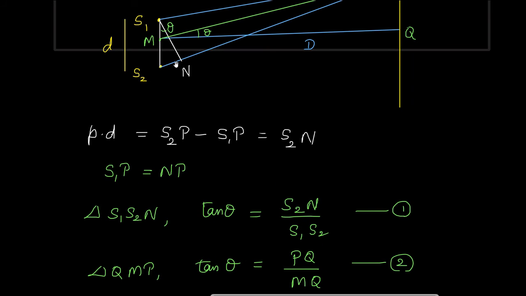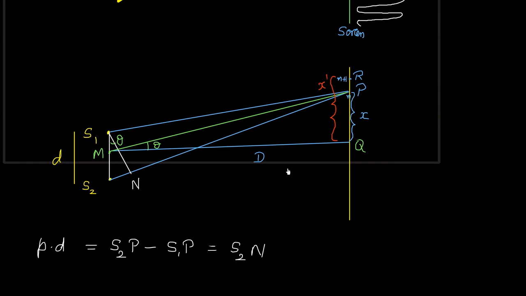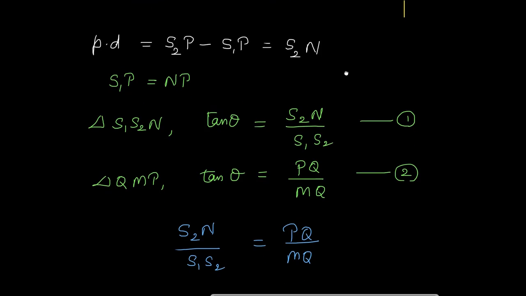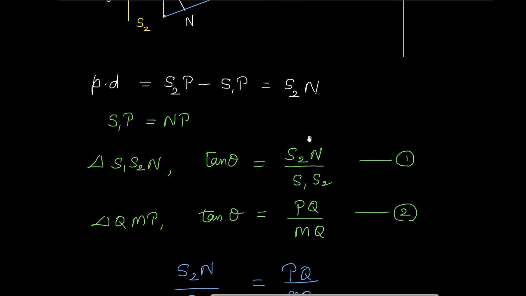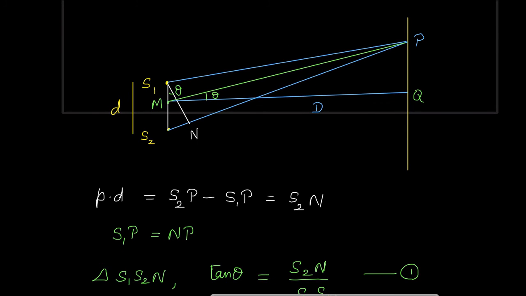That is the path difference between the waves from S1 and S2 to P. S1S2 is small d. PQ is the distance of the nth bright fringe from the center of the screen Q. Let us call this distance x.